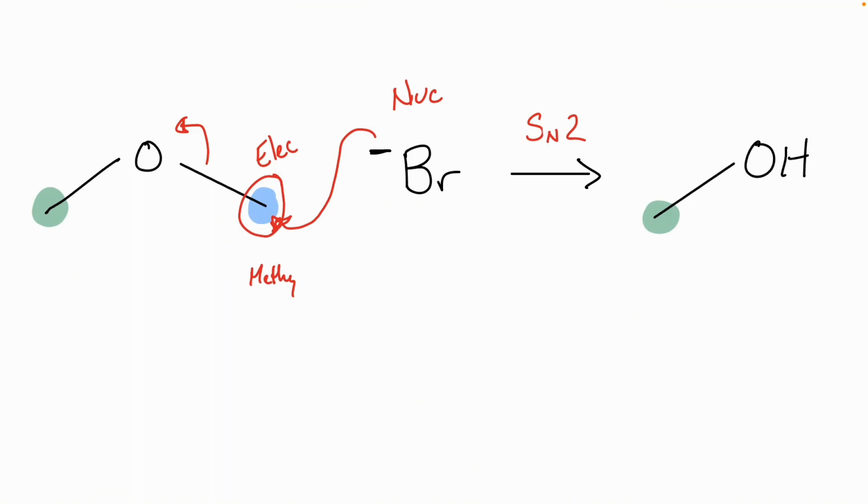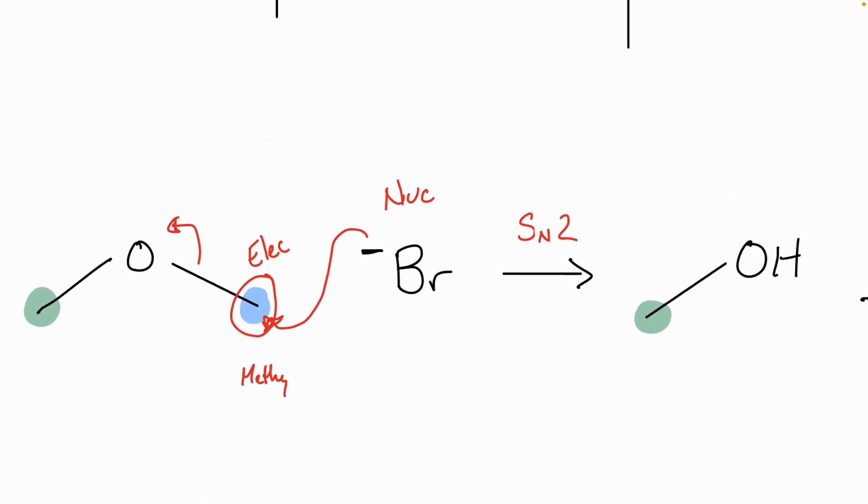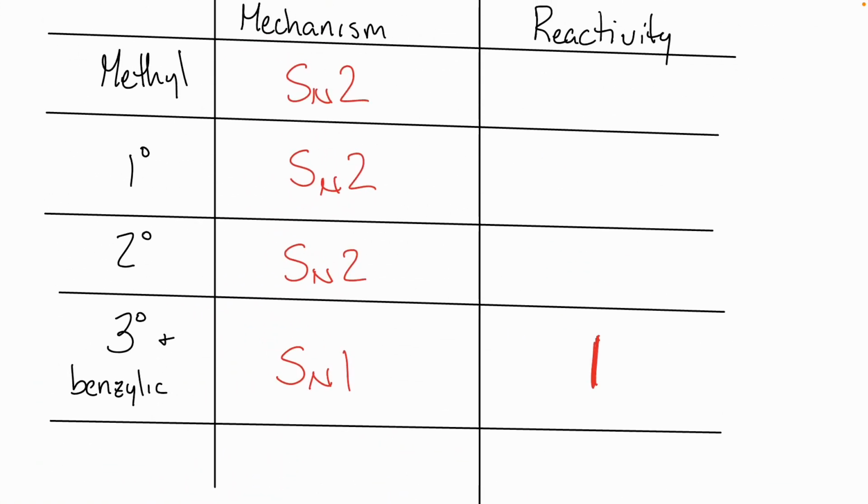So depending on how crowded it is, that's going to dictate our reactivity. It turns out that these methyl ones are the most accessible of all the carbons. So they're going to be the next most reactive, followed by primary, and so a secondary carbon is actually the least reactive. It's all crowded and hard to get to.